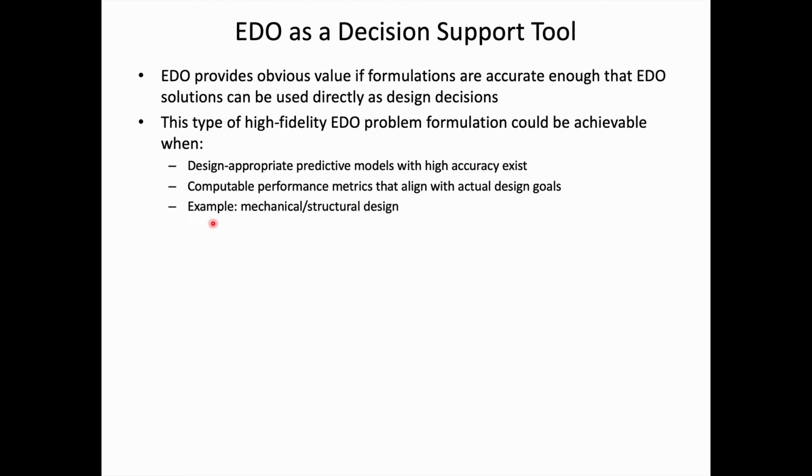One example of a domain that is especially amenable to engineering design optimization is either mechanical or structural design. We're thinking about Newtonian mechanics here, for example. These are systems where we can predict their behavior with a very high degree of confidence. And these types of applications were among the first where engineering design optimization, specifically for physical system design, was applied.